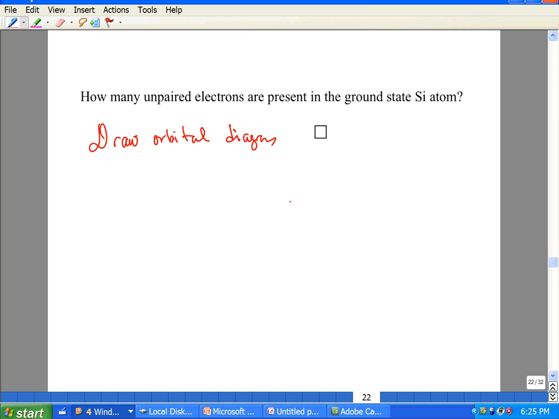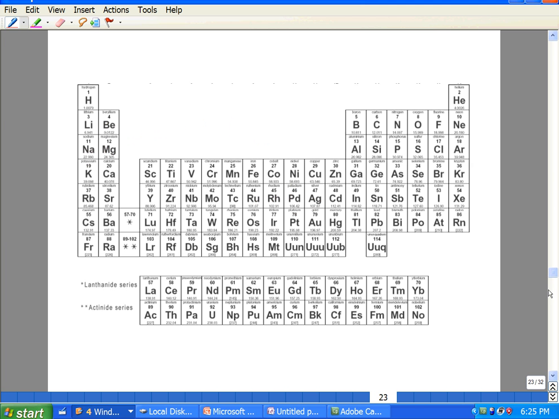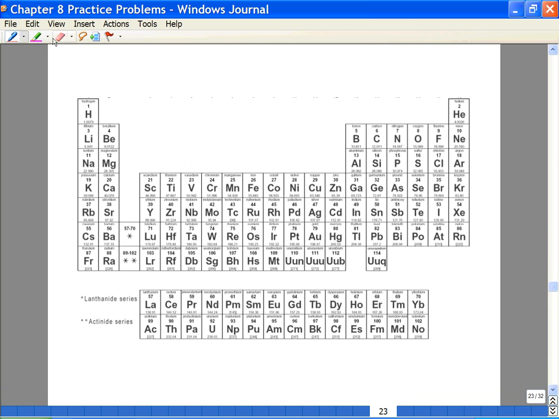The next question asks us to identify, by stating yes or no, whether the following sets of atoms have their valence electrons in the same shell. So let's look at the strategy involved in solving this problem.